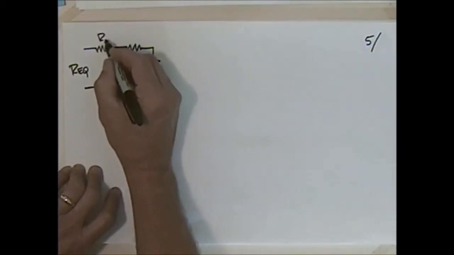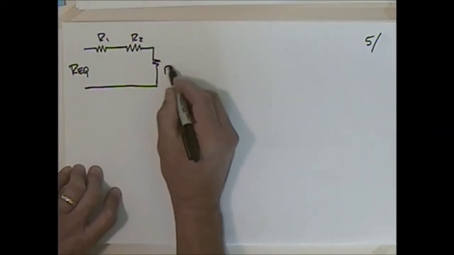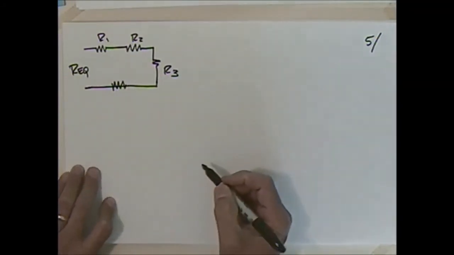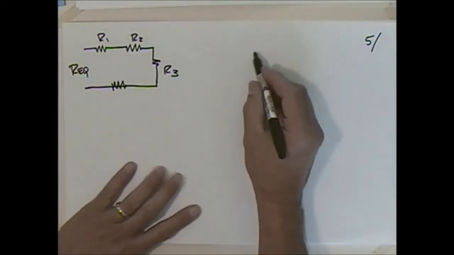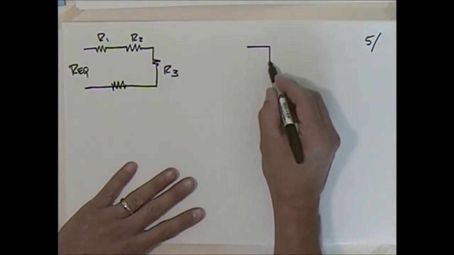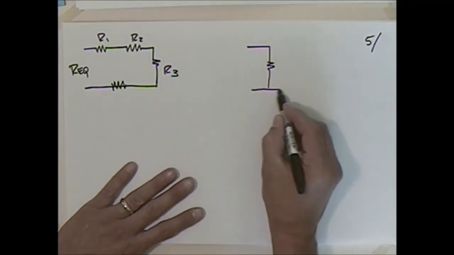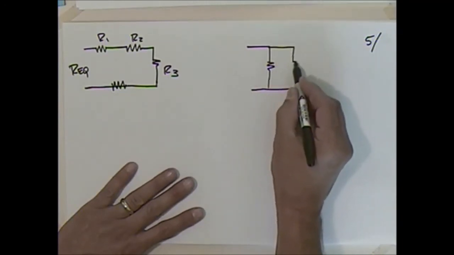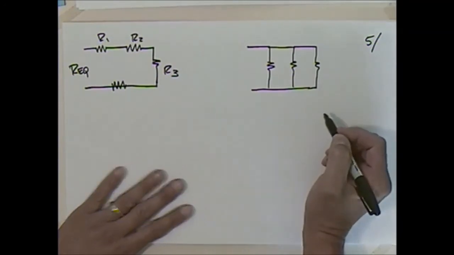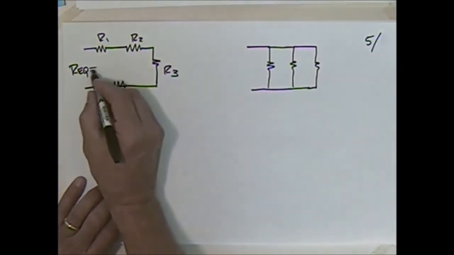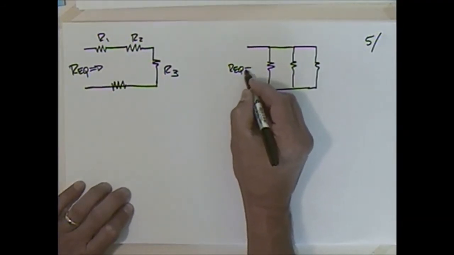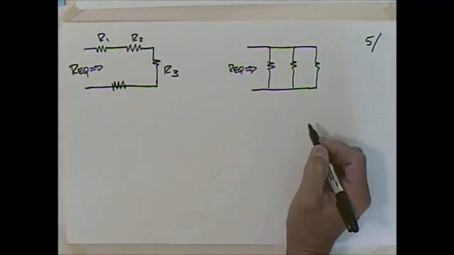So I have R1 and R2 and R3, and if I add this resistor, what does it do to it? That's a series arrangement. What happens if I have a parallel arrangement? And these are important conceptual things to wrap our mind around as we start to study this. Okay, so looking in here, I have equivalent resistance. Looking in here, I have equivalent resistance.